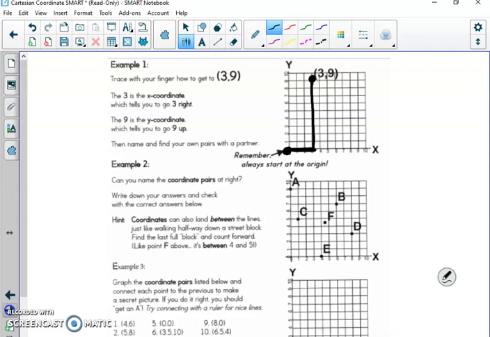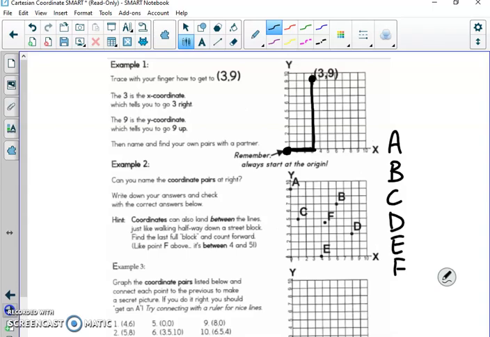So the next one says, can you name the coordinate pairs at the right? So the logical way to do this would be to make a little table here, or list the letters A, B, C, D, E, F, because those are all the ones on there, and then start figuring them out. So let's look at A first.